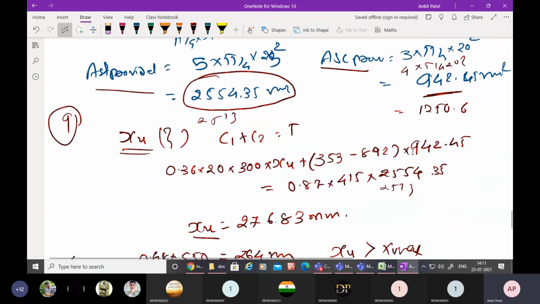Then over here you can use this 1256.6 instead of 942. Then you will be able to get this answer, and you can keep this 2554. So you will be able to get the answer 226 something.